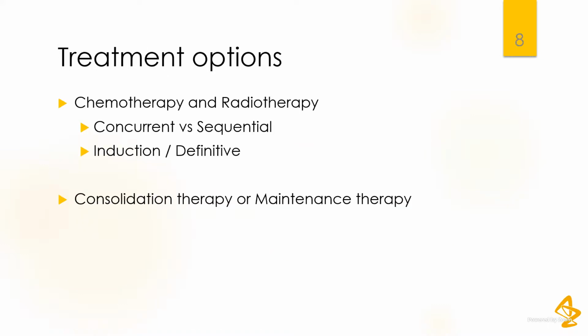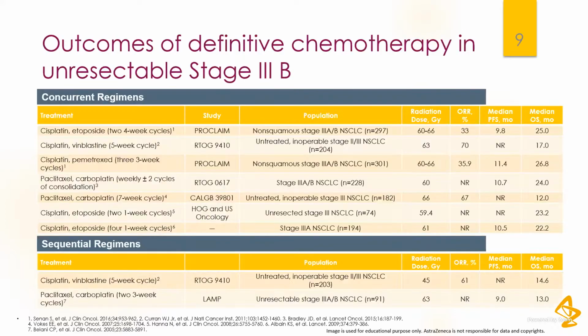So the treatment options which we had was a concurrent chemoradiotherapy, which could either be concurrent or sequential, or there could be a possibility of an induction chemotherapy followed by definitive chemoradiation, or the other was consolidation therapy or a maintenance therapy. These are all the options which were available to us at that point of time.